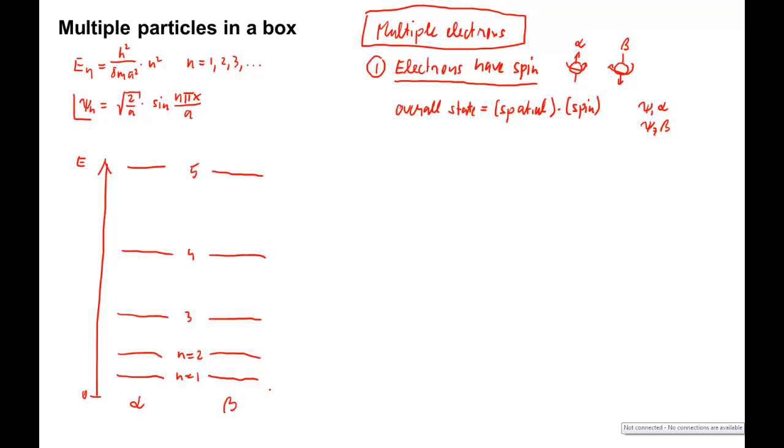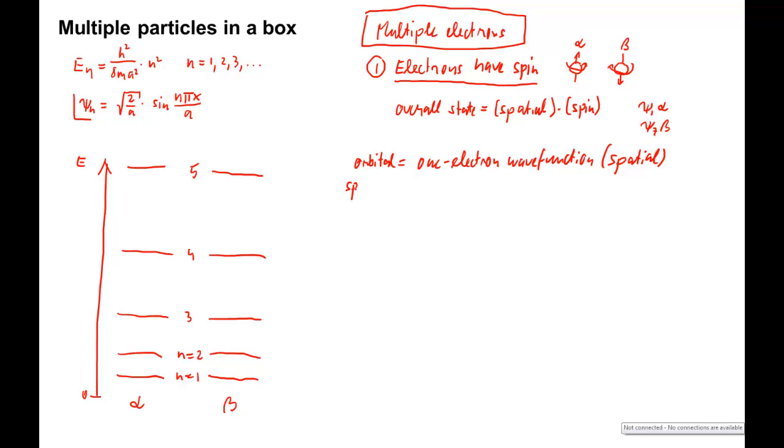In this context, let's introduce a few terms that you will be familiar with from introductory chemistry. An orbital is a one-electron wave function. Specifically, only the spatial part of it.